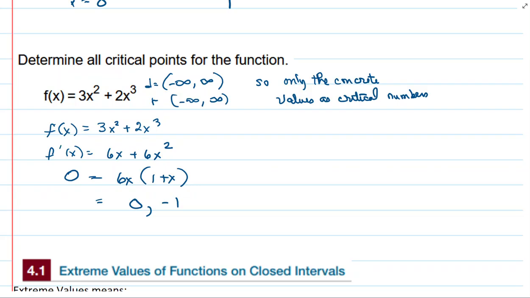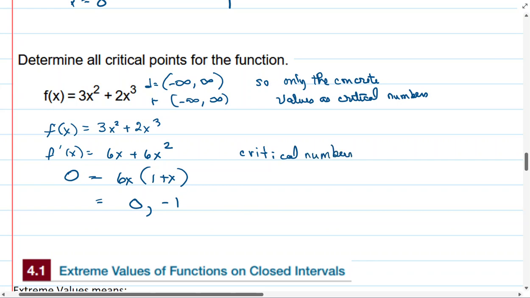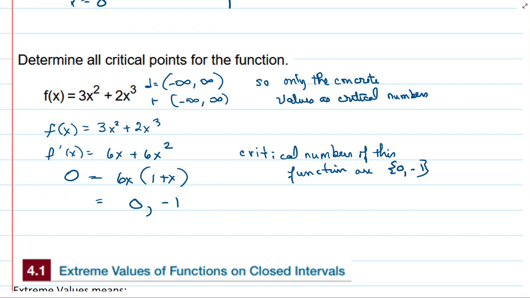I have nods, so I must be correct. So they're both local values, the twists and turns within that cubic. Is everybody comfortable with that?